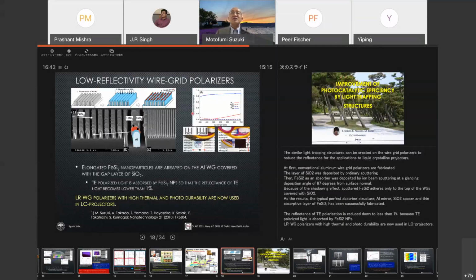A similar light trapping structure can be created on the wire-grid polarizers to reduce the reflectance of the wire-grid polarizers for application to liquid crystal projectors. At first, the conventional aluminum wire-grid polarizers were fabricated, and a layer of SiO2 was deposited by ordinary sputtering.